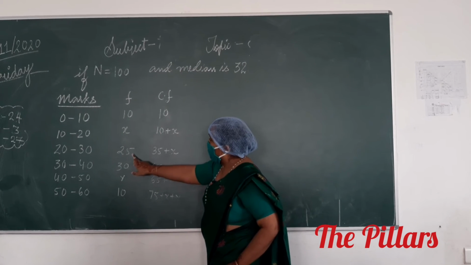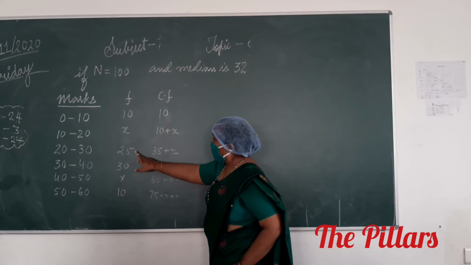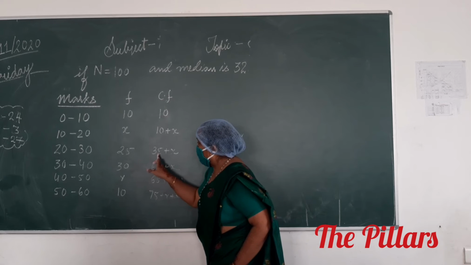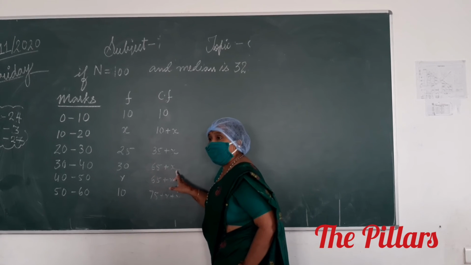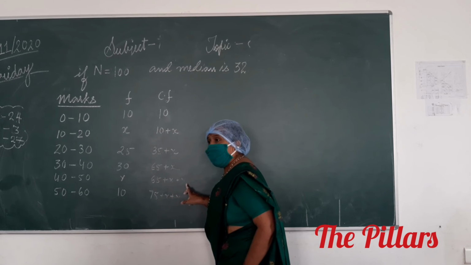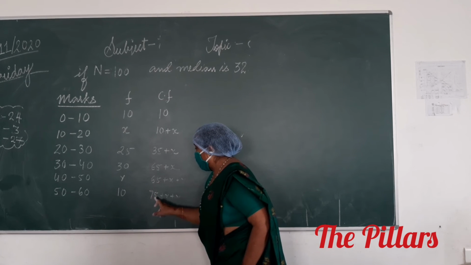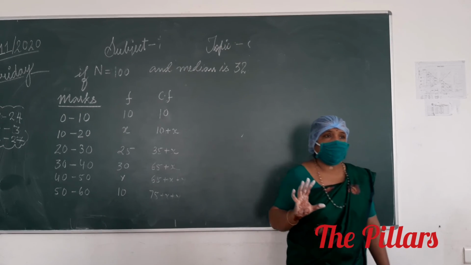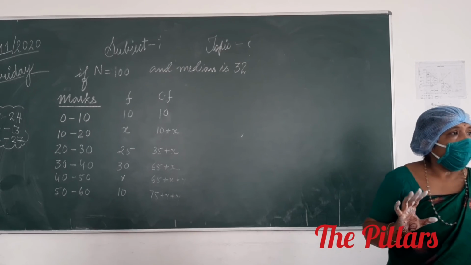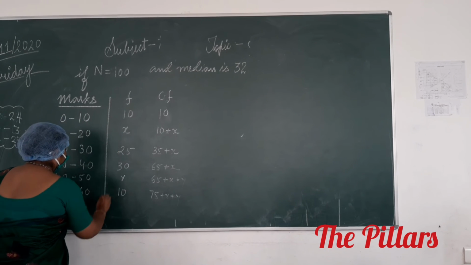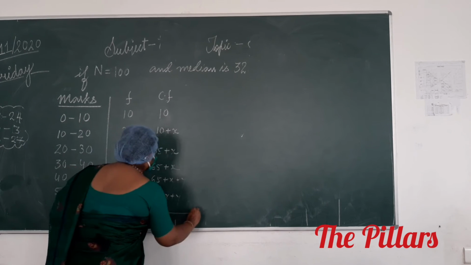Third one, this plus this: 25 plus 10, 35 plus X. Next one will be this plus this: 65 plus X. Next, 65 plus X plus Y. The last one will be 10 plus 65, 75 plus X plus Y. Clear? Now your table is over.